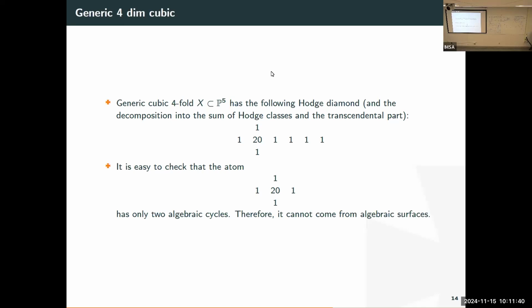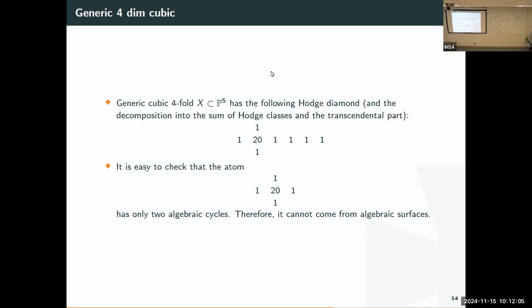So you actually can do more. You can consider questions of non-rationality for some non-generic cubics. For example, cubics containing a plane. And so in this case, you can also show that a generic cubic containing a plane is not rational.